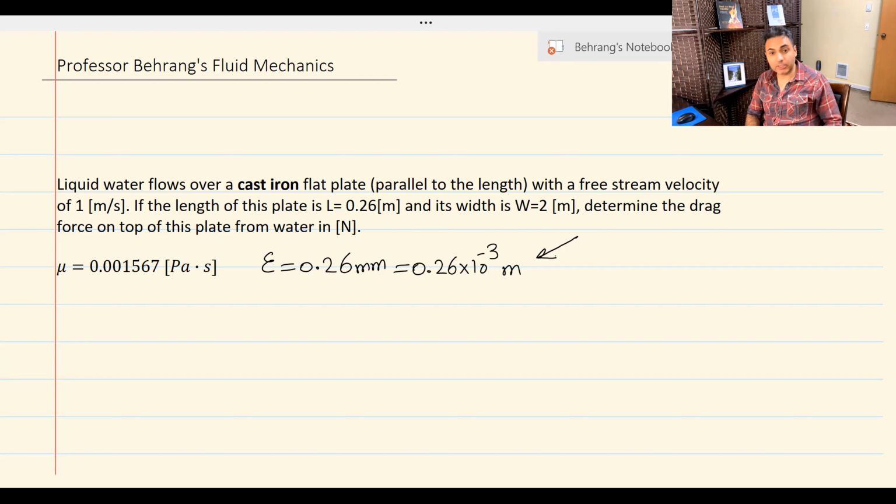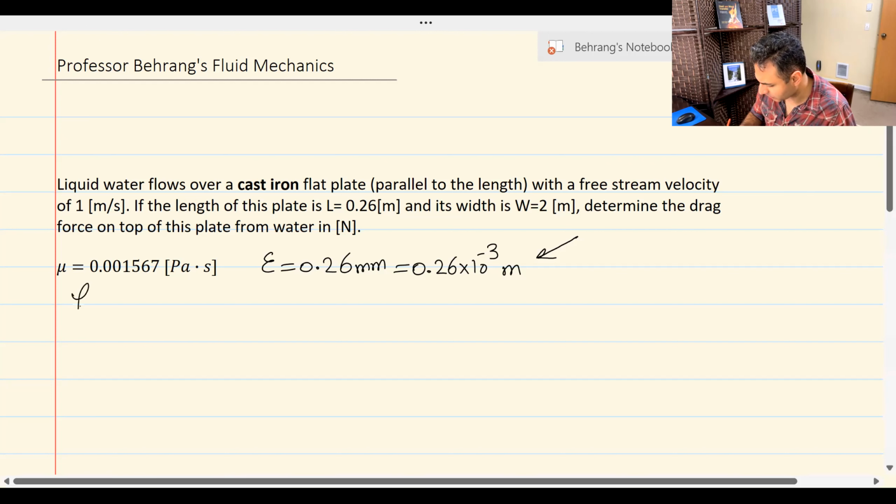Because it's cast iron, this is not a smooth plate, so I have to check the Reynolds number. Let's see if I have all the information. I have the length, I have the width, I have the viscosity of water given. I'm going to use the density of 1,000 kilograms per meter cubed for liquid water. I think I have everything.